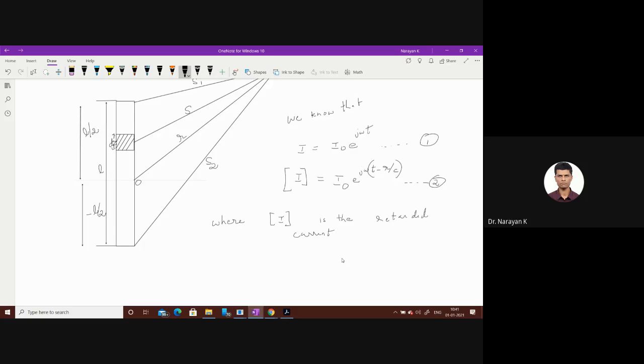Next, omega r by c, that is omega into r by c, is known as phase retardation and is given by 2 pi f r by c.